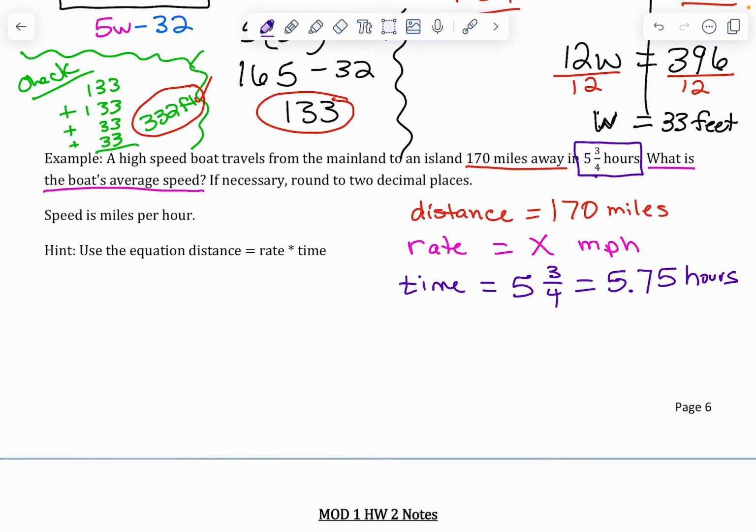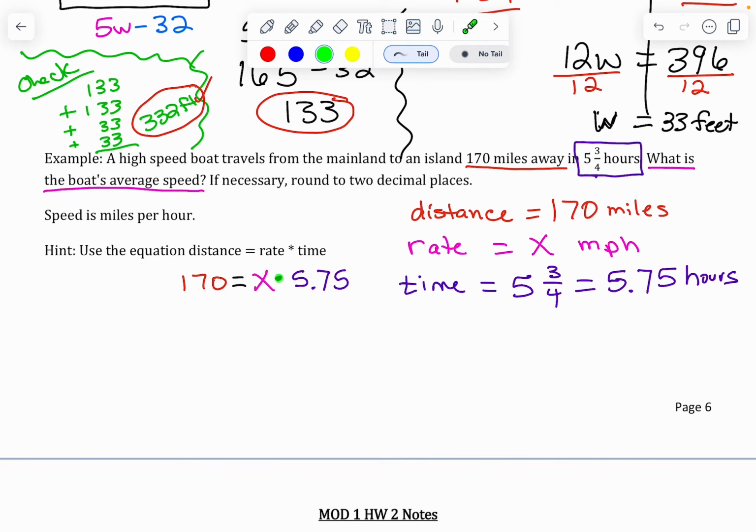So now we're going to go straight to the formula. We're going to plug in 170 for the distance, x for the rate, and 5.75 for the time.